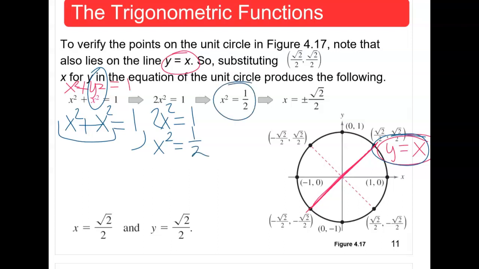And finally, we take the square root on both sides of the equation, and that will give us that x is equal to the square root of 1 over the square root of 2. The square root of 1 is 1 and the square root of 2 is just the square root of 2 because we want an exact answer.